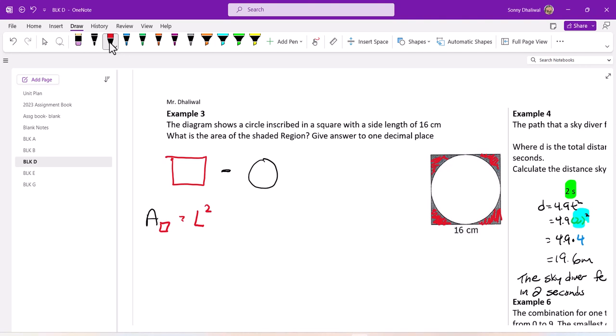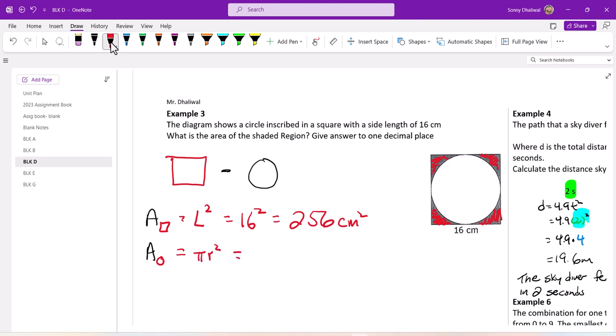Riley? 16. So 16 squared. Does anybody know what that number is? Riley? 256. Thank you. 256 centimeters squared.